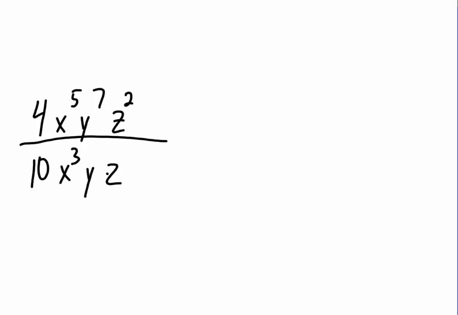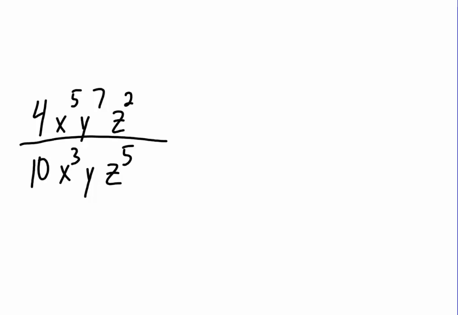Let's say we've got something like 4x to the 5th, y to the 7th, z squared over 12. Actually, I'm going to change that. Let's change that to a 10. I like 10 better in this case. x to the 3rd, y, z to the 5th.